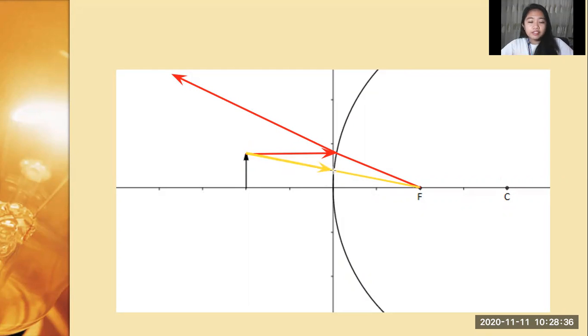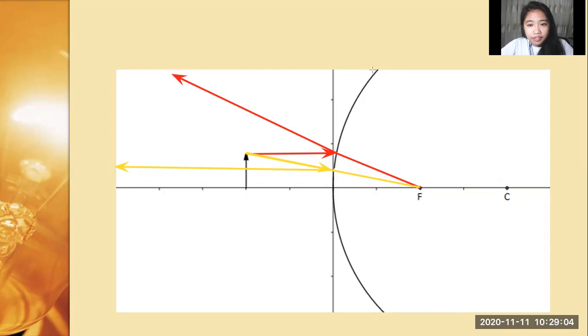So it will appear as if the incident ray is going towards F. So that's why we still have the premise that the incident ray is passing through or intersecting with F. And then our reflected ray is parallel to the principal axis.